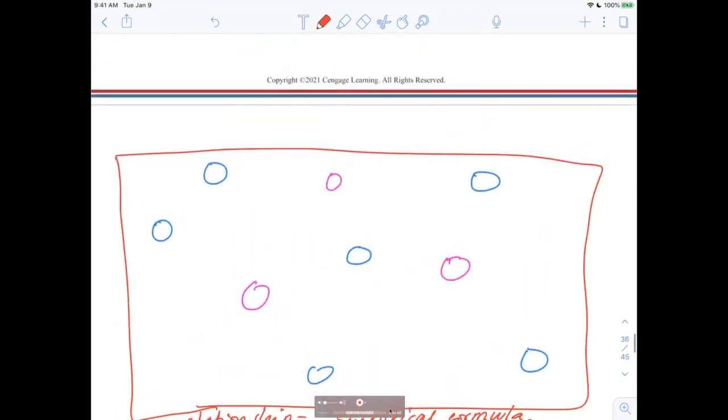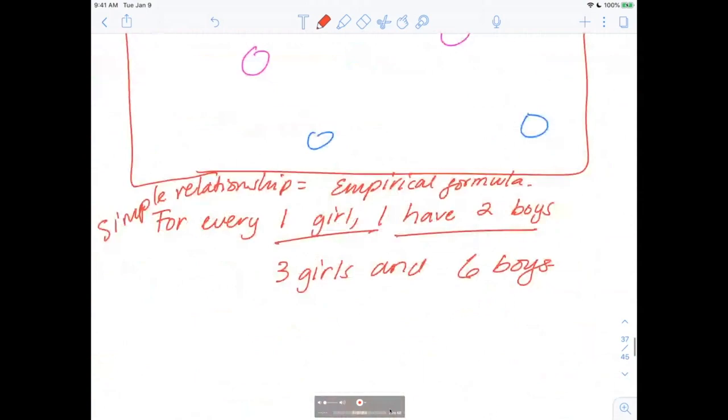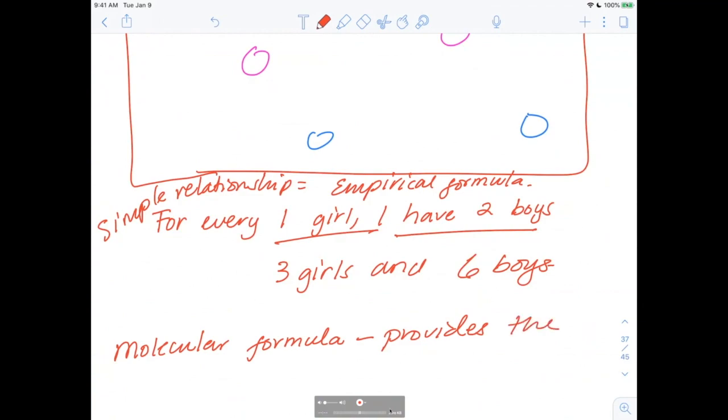Now, there's something called the molecular formula, which we'll get to later on. But I want to define that here. The molecular formula is also a relationship between, in this case, the number of girls to the boys. But the molecular formula actually provides the actual number. It's kind of like doing inventory.